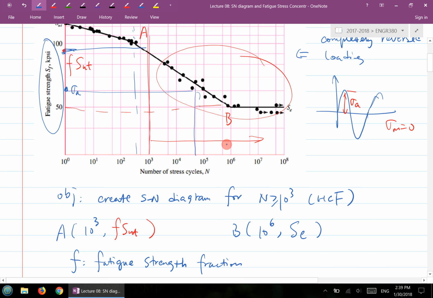Infinite, right? And if you look at this figure, the part will only have infinite life if the sigma A value is below the endurance limit. If the sigma A value is bigger than SE, then you would not have infinite life.